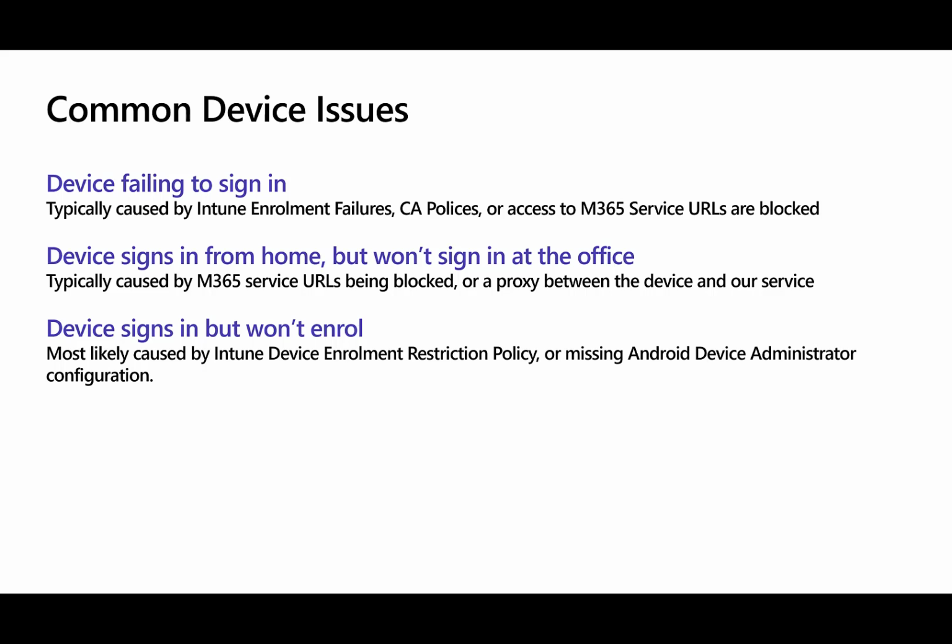Now, of course, it is entirely possible that the phone's not able to communicate with the service via those URLs. So if you want to make sure that the device has access to all those URLs, you can go to aka.ms/m365 URLs. That's a list that I maintain for Teams devices. Check that out.